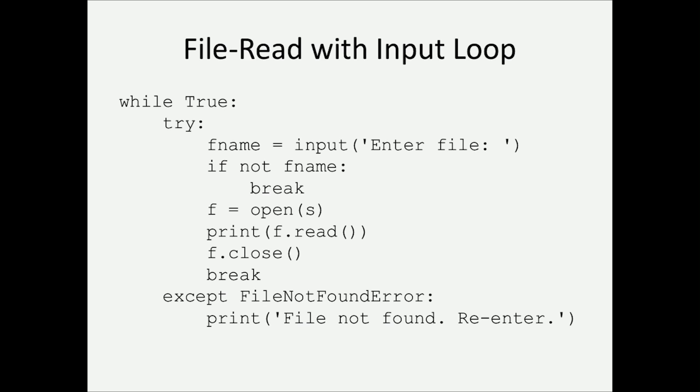And because it's in a loop, it will go back to the top and re-prompt the user automatically. So this is really nice. This is an example of a tight little loop. It's just going to keep going until either the user gets tired of it and presses return, or it actually does find a file, in which case it will go ahead and read it and print the result.